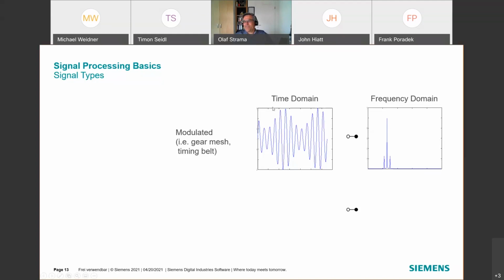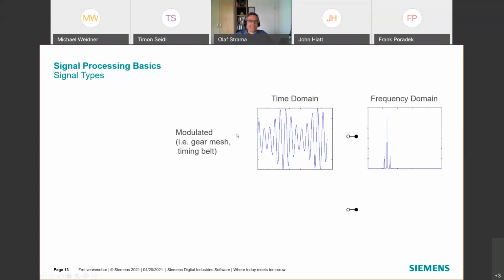If I have a high frequency here, many changes over a short time, then the sideband lines are far away from the carrier. If I have a very slow moving characteristic, then the lines are quite near to the carrier frequency.